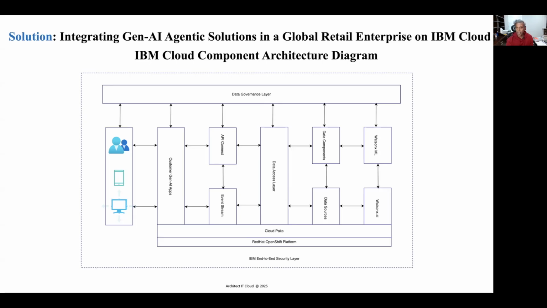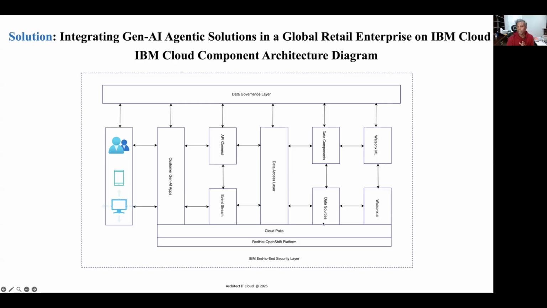So if you look at this flow, we start with the customer data, and we have the front end application, and it will get the data, and we use the APIs to consume those data, and also we can use the event stream services that were built with Kafka and get those data and pass it to the data access layer, and the data access layer will pass the data to the data components.